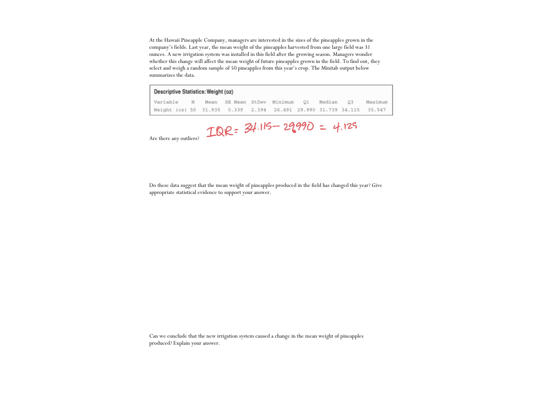We do 1.5 IQRs, so 1.5 times 4.125. Don't you need to do a minus? We don't know where the points are, so how do we know? The maximum's right there. We get the Q1 and the Q3. Go read the whole chart.